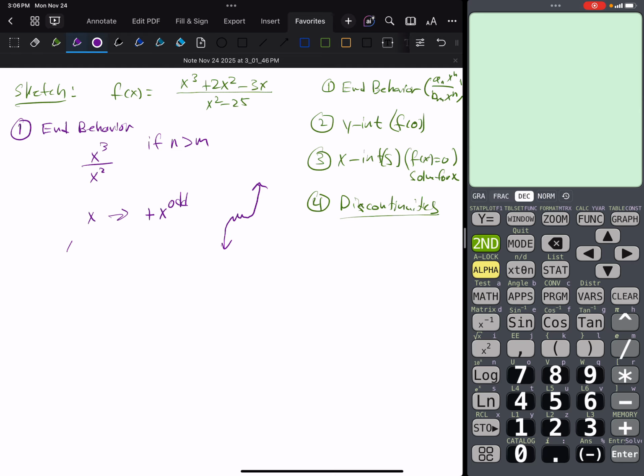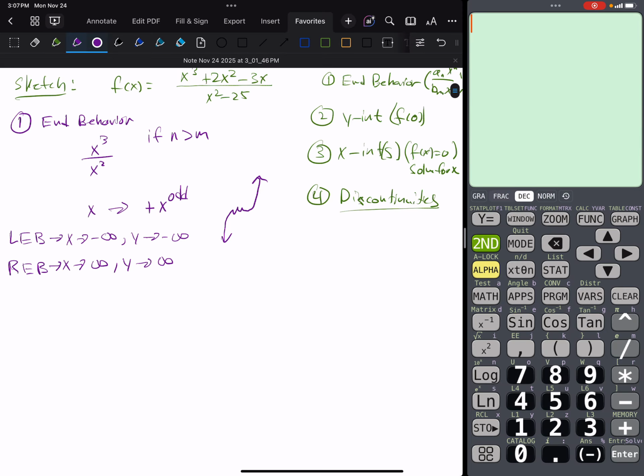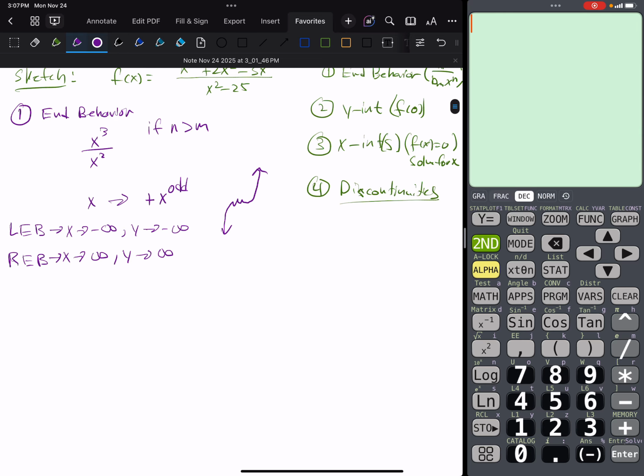And so that means as x approaches negative infinity, y also approaches negative infinity. As x approaches positive infinity, y also approaches positive infinity. We call this the left end behavior. We call this the right end behavior. Okay, and so that's my end behavior for this function.